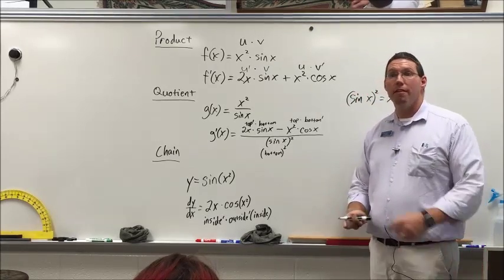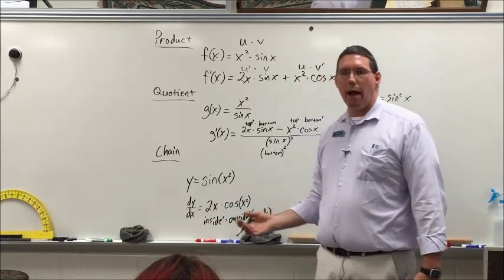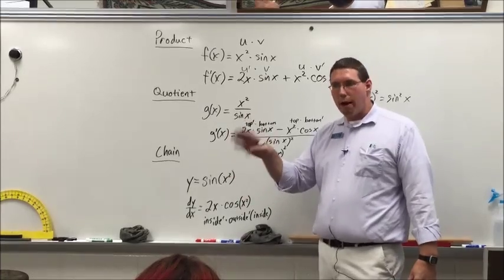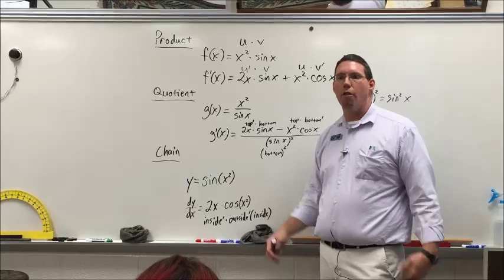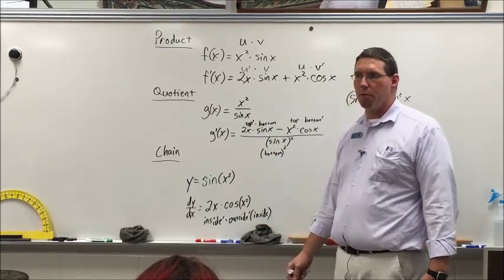We good? I'm probably the only one that calls them this, but these are what I call the advanced derivative rules. Your basic rules, your power rule, your exponential rule, your logarithm rule, your trig rules, those are all what I call the basic derivative rules. These are the advanced derivative rules because they are.